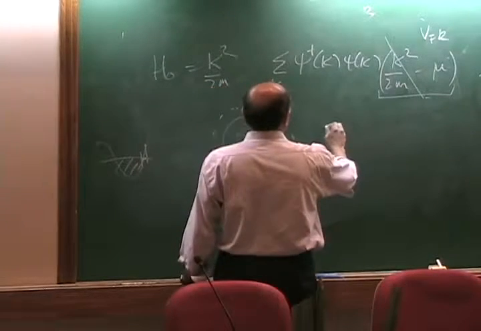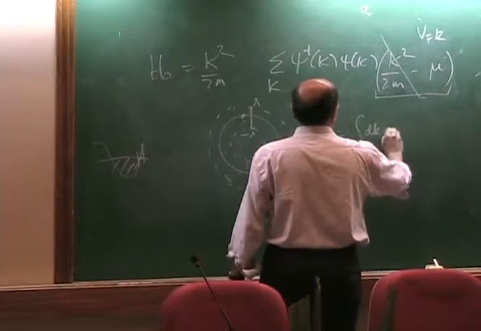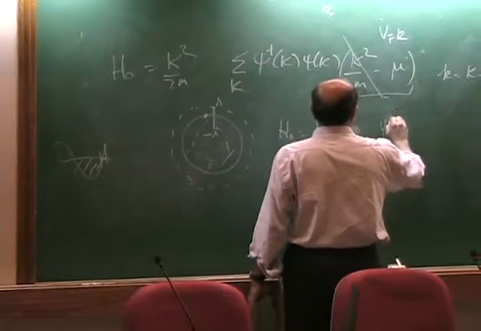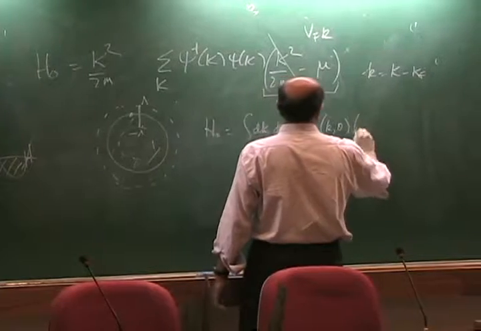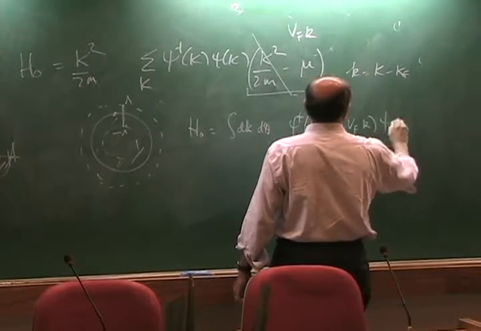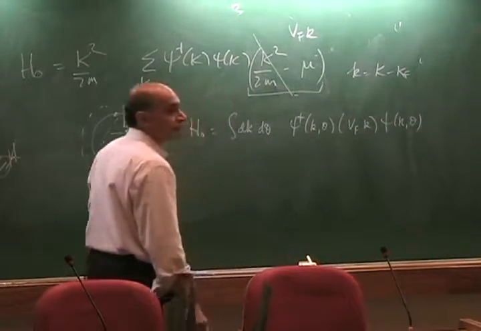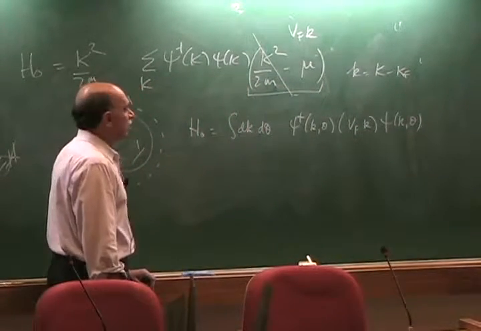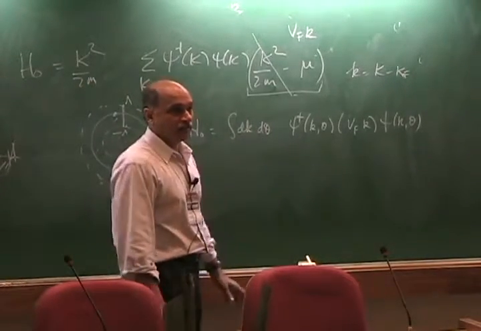Therefore, the Hamiltonian here looks like the integral dk d theta psi dagger of k and theta times vF times k times psi of k and theta. This is the Hamiltonian, not the action. Instead of a sum over alpha, I have an integral over theta. That's it. No other difference.